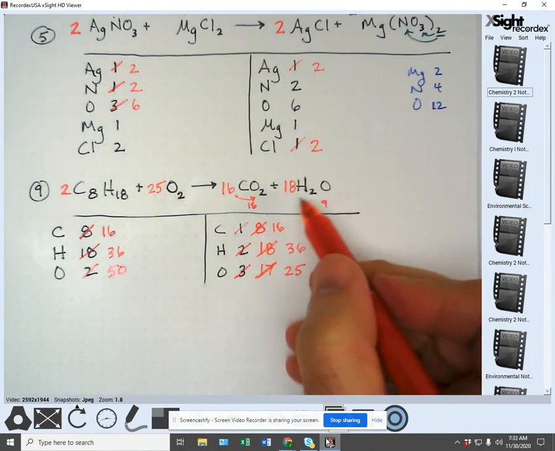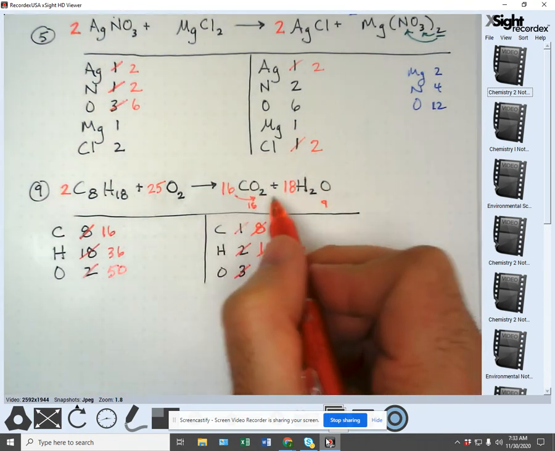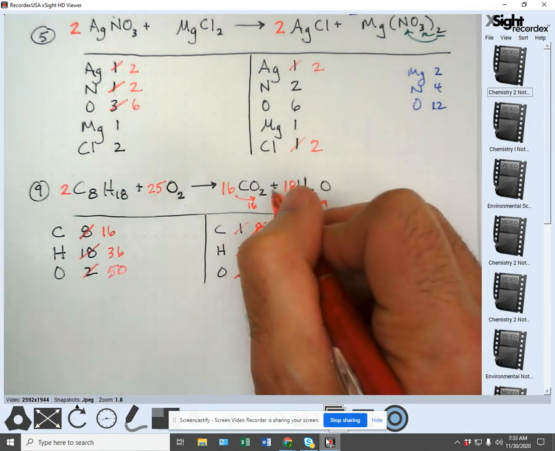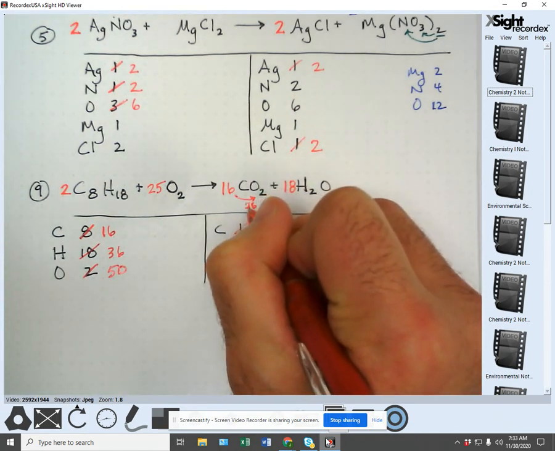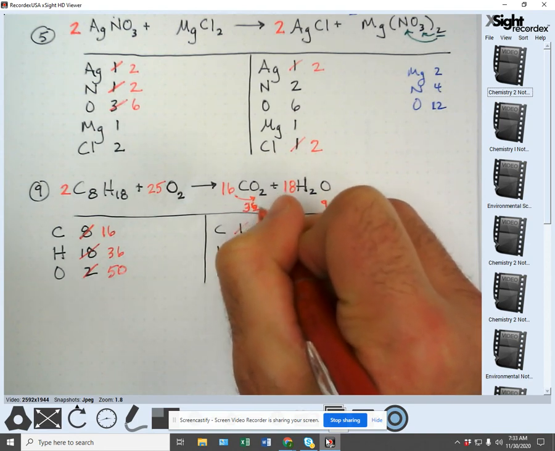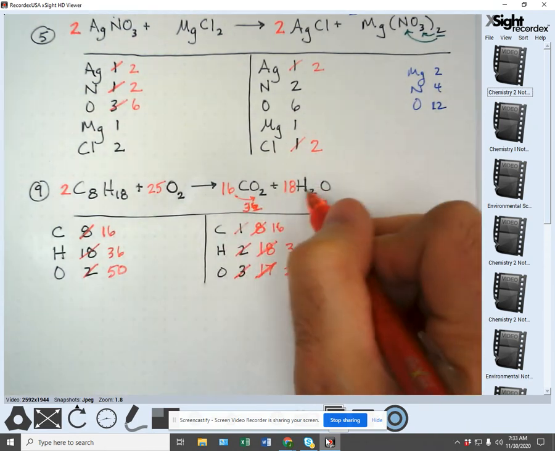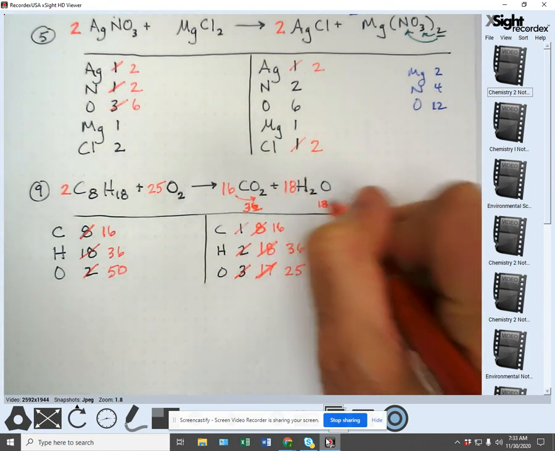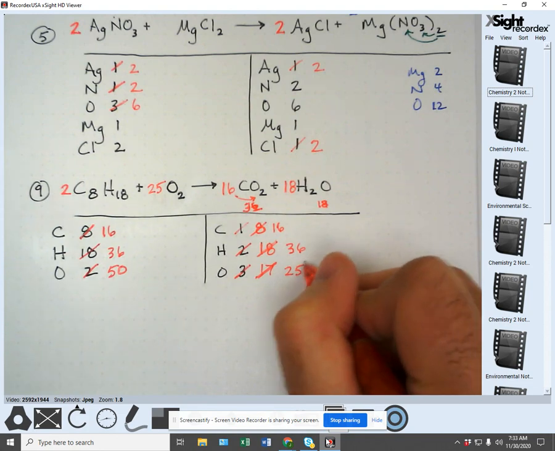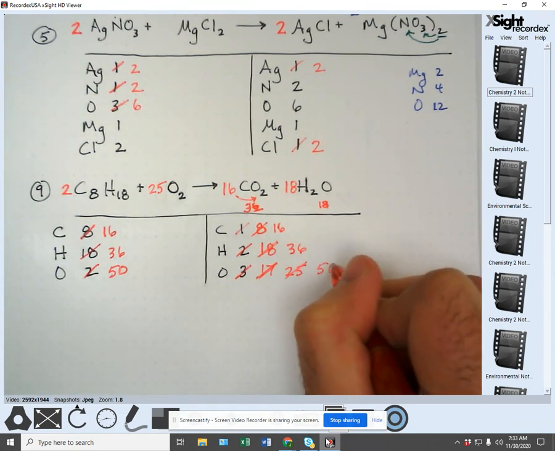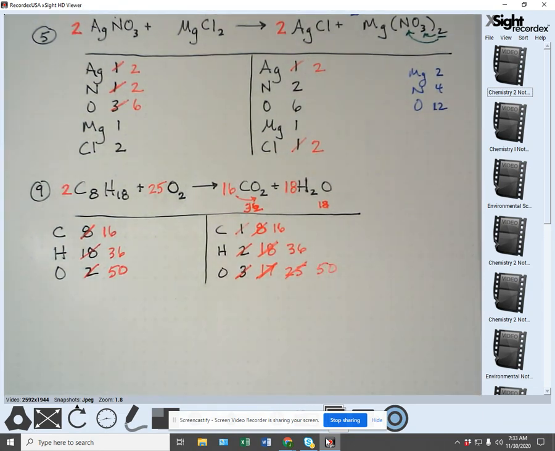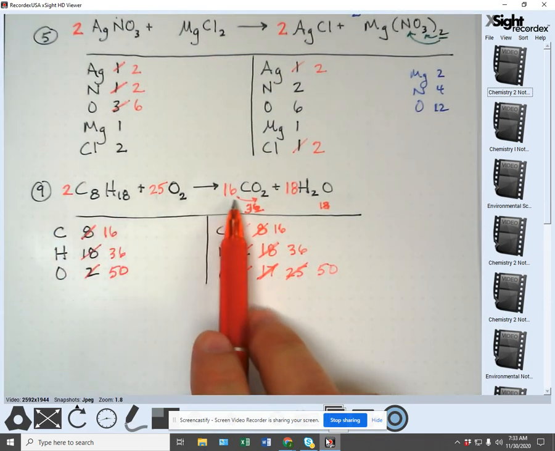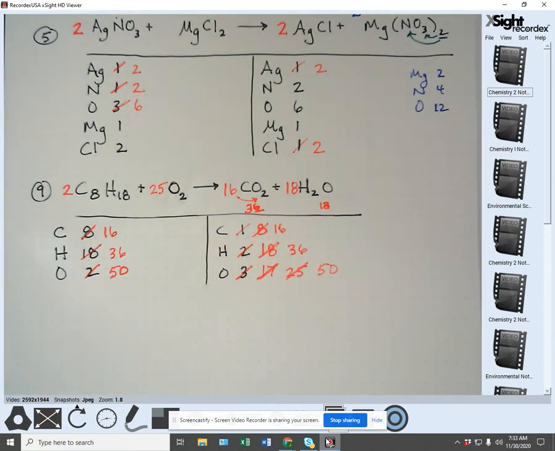Okay, over here, my oxygens, I've got 16 times 2, so that's giving me, what is that, 32 now? And 18 times 1, 18, for a total of 50. So the equation is balanced. 2C8H18 plus 25O2 yields 16CO2 plus 18H2O.